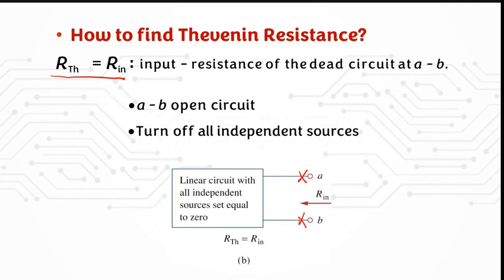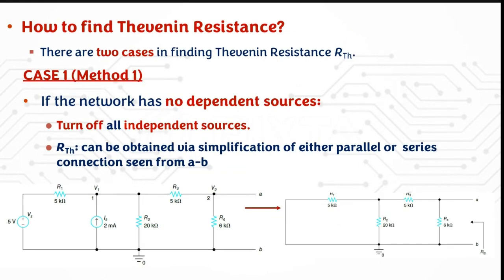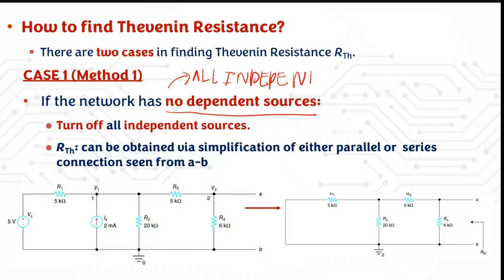If your network has no dependent source, meaning you only have independent sources, you can just use this method one for calculating RTH.